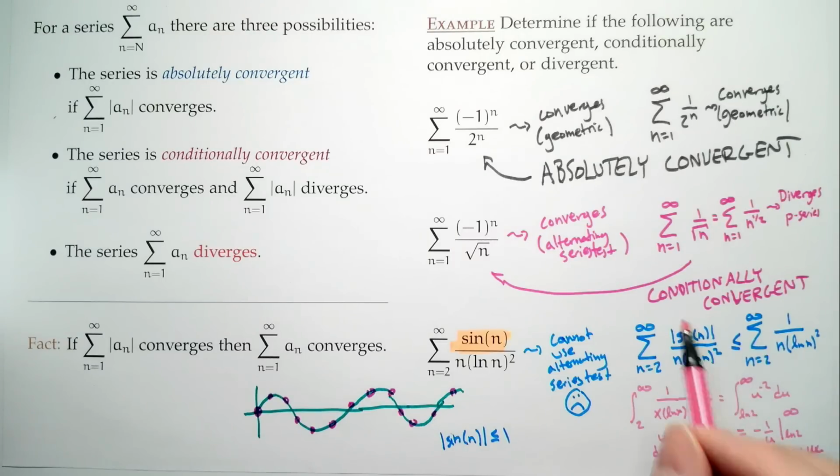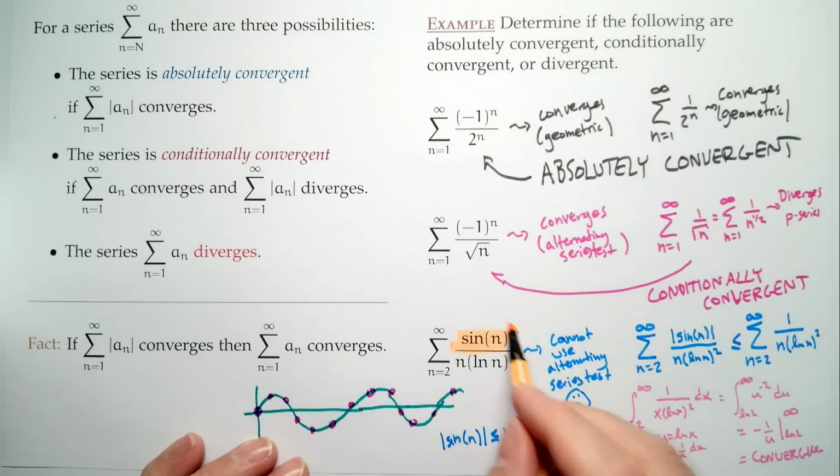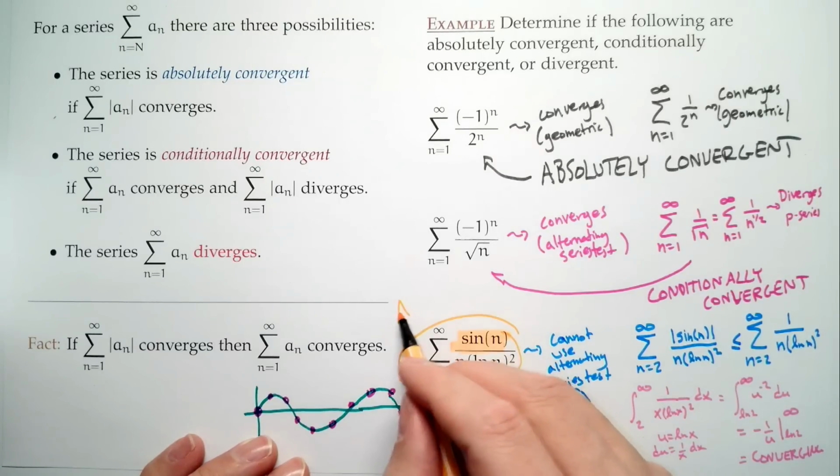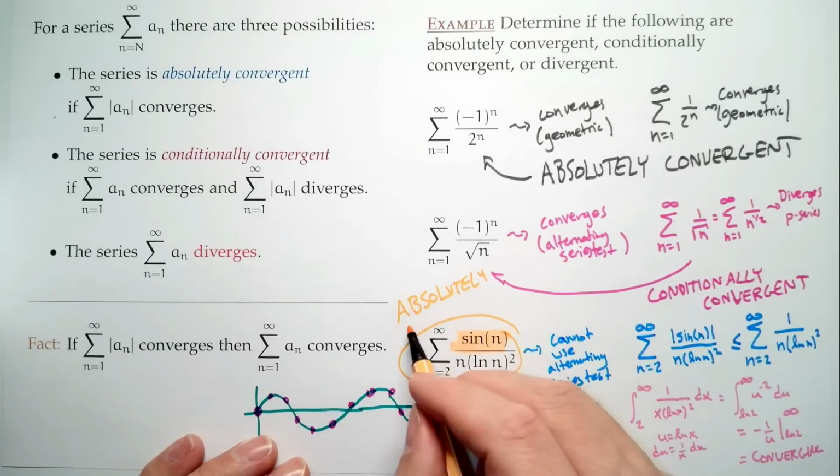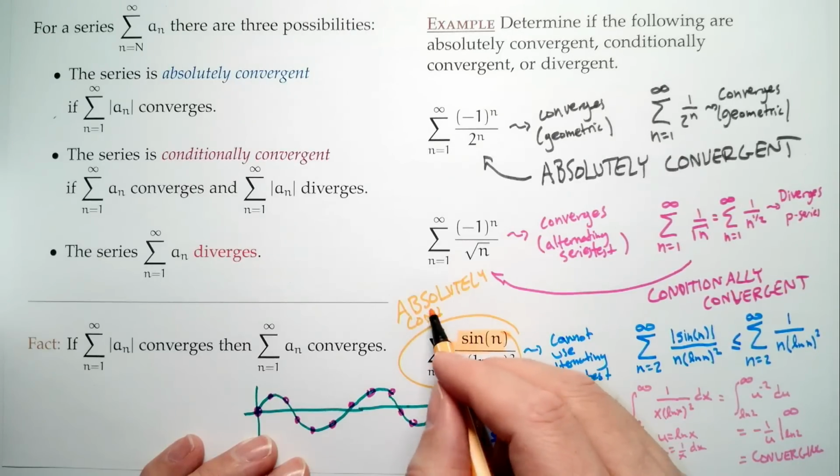Comparison test says this sum converges. And finally, when we take the absolute value, if that sum converges, then this sum converges. This is a very, very long way for us to get to the conclusion that this sum right here is absolutely convergent.